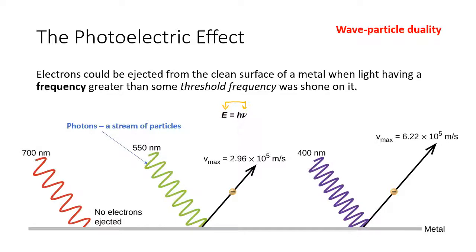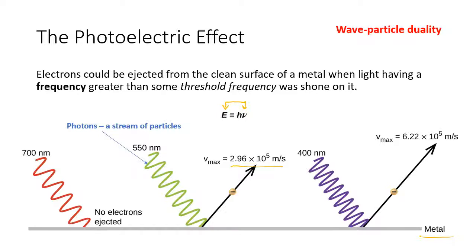If we have a surface of a metal and we shine 3 different frequencies of light at it, at 700 nanometers, no electrons are ejected. The frequency is too low to meet the threshold frequency to eject an electron. If we stream 500 nanometer light at the metal, now that wavelength has a high enough frequency to eject an electron at a certain velocity, 2.96 times 10 to the 5th meters per second.